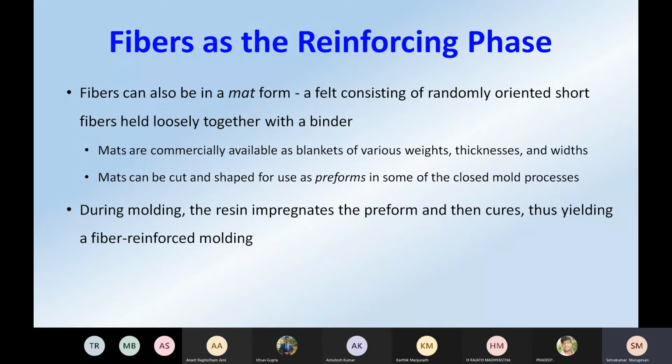As I said, the fiber can also be in mat form. Sometimes they prepare the fibers using polymer based glue, where if you want to prepare a sandwich structure or some multi-layer composite, one layer acts as the matrix, meaning the plastic resin, and the next layer is the fiber, neatly constructed with the help of a polymer-based glue or binder.